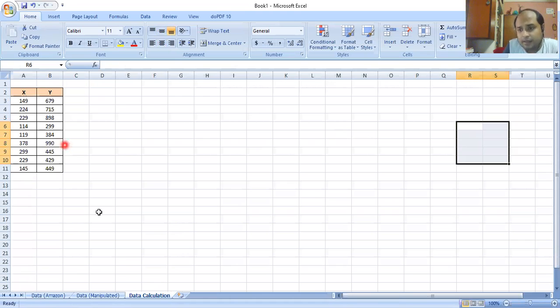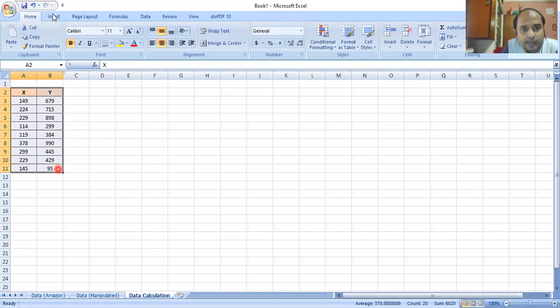What will happen to the diagram? So let us omit this 449 and include 95 over here. What will happen to the scatter diagram? Let us see how it will look.